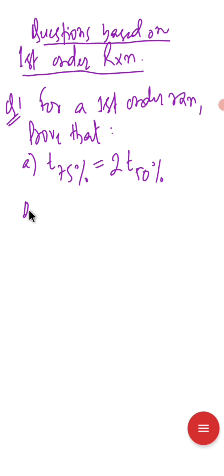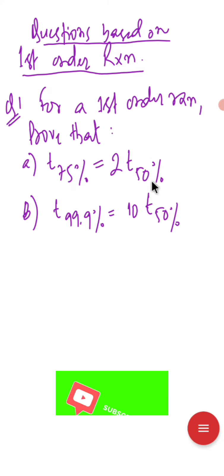And the second relation that can be proved is T99.9% is equal to 10 times of T50%. T50% is also called the half-life of a reaction.